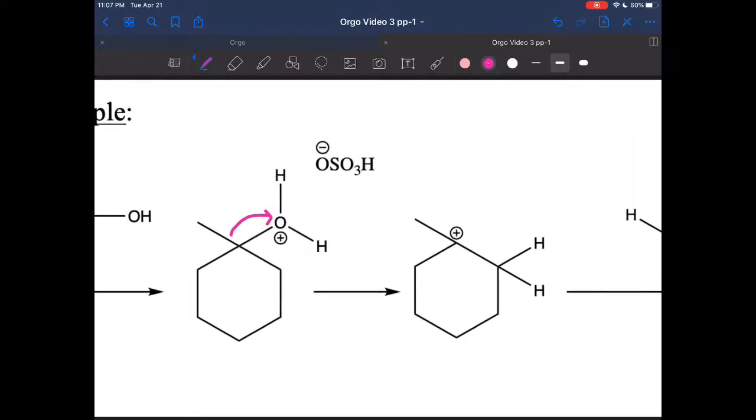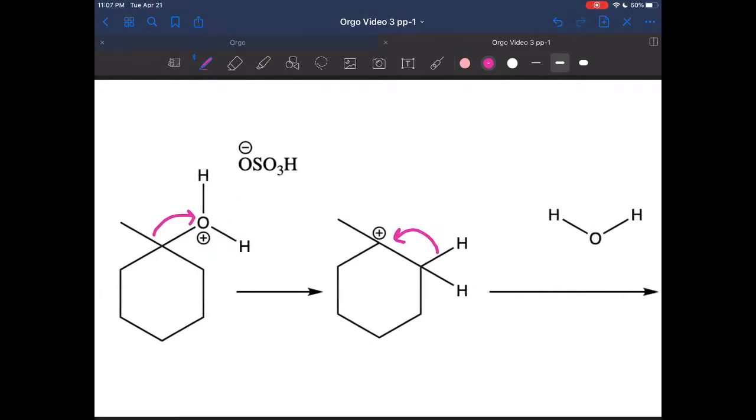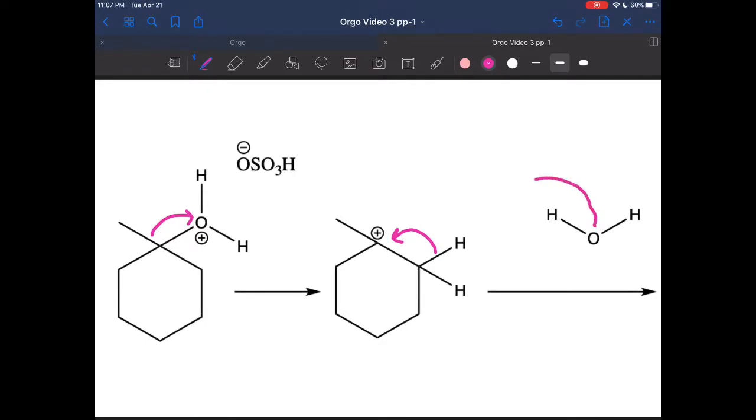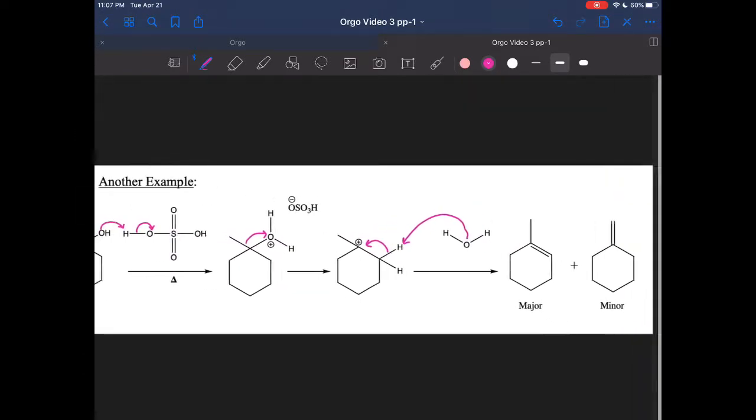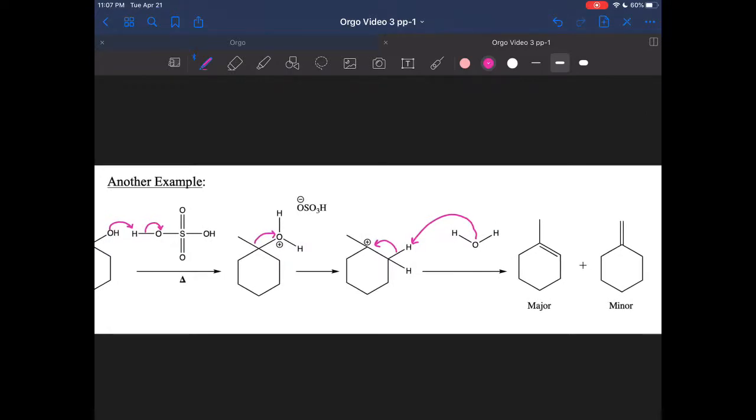And here we will have the bond between our hydrogen break and the atoms will form here. And this oxygen will bond with this hydrogen. This will give us a major product and a minor product.